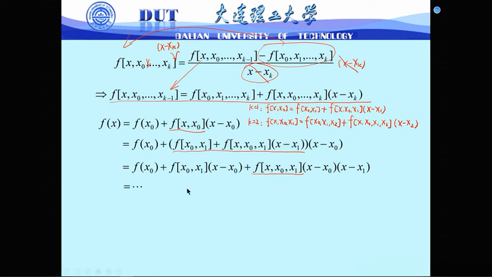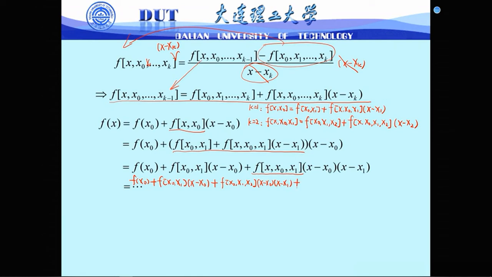Continue. I write it for example. Then we can obtain f(x0) plus f[x0, x1] multiply x minus x0 plus, now you see, we replace this term by these two terms. Firstly, f[x0, x1, x2], 3 nodes, multiply these factors, x minus x0, x minus x1.